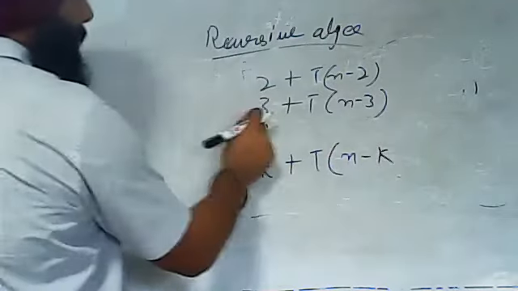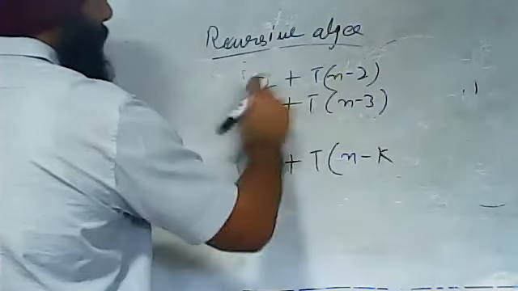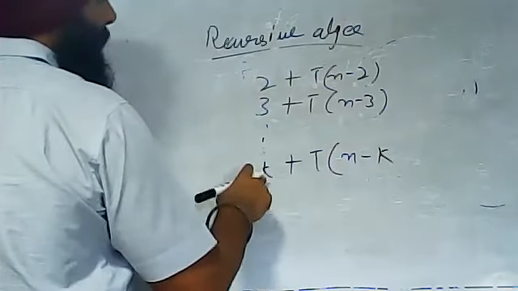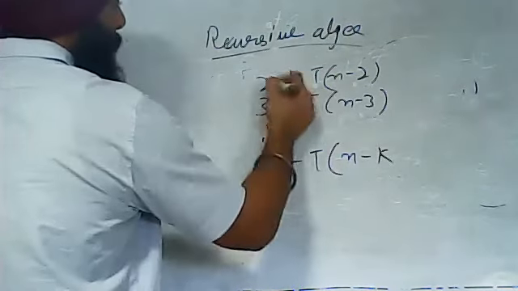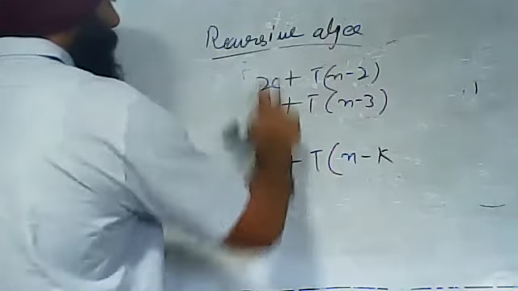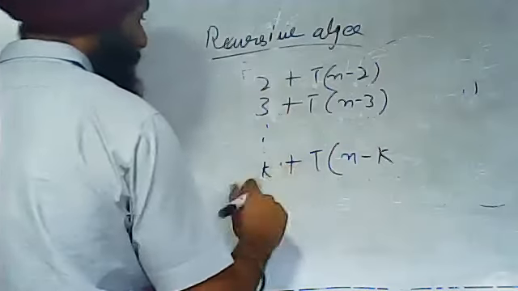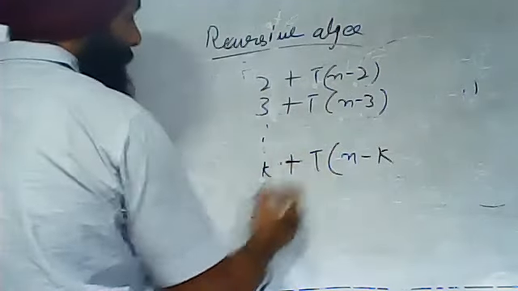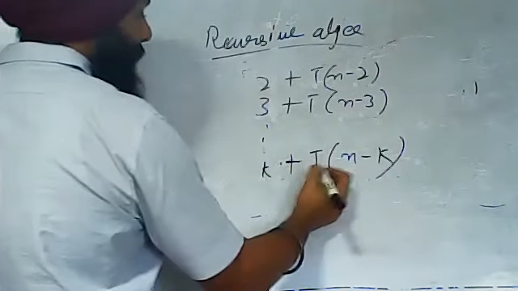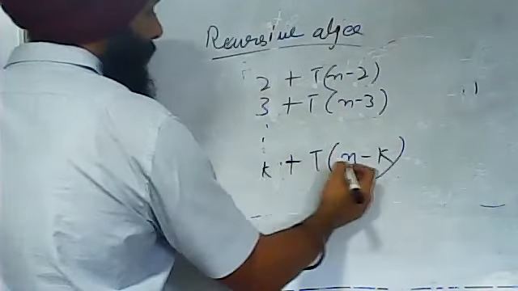Because 3 plus T of n minus 3, 2 plus T of n minus 2 is there. If you want to write C here, you can write it. That will not make any difference. But what will be the value here? The last term will be k plus T of n minus k.